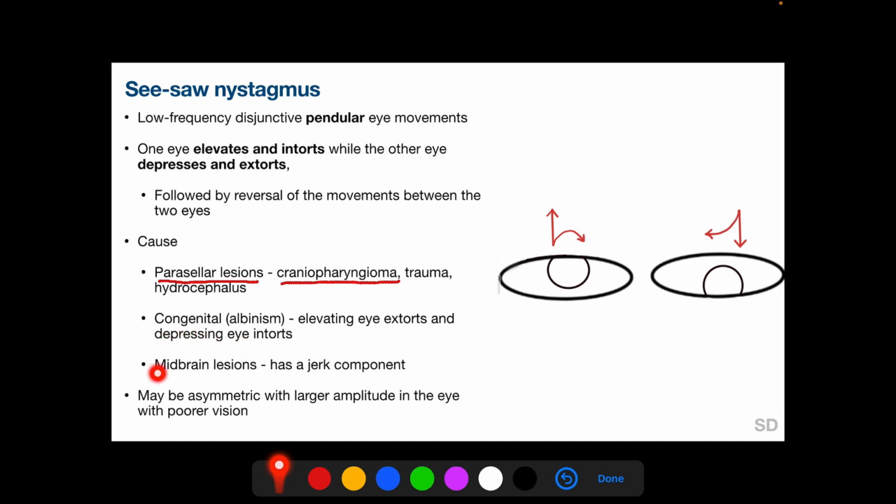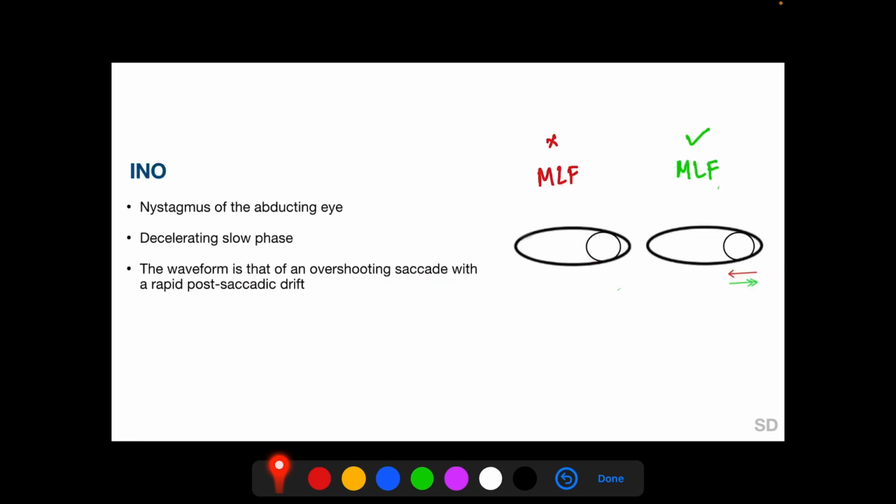Lesions in the midbrain may also have a seesaw pattern nystagmus, but instead of it being pendular, it has a jerk component. And seesaw nystagmus may be asymmetric between the two eyes with larger amplitude in the eye with the poorer vision.